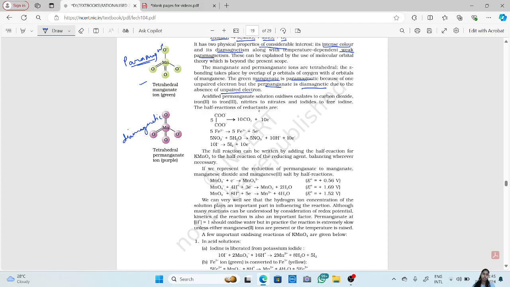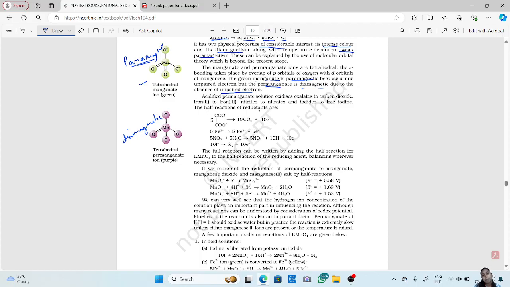Now, if you get a question why manganate is paramagnetic and permanganate is diamagnetic, it is basically because of the presence and absence of unpaired electrons. Manganate has an unpaired electron, due to which it is paramagnetic, whereas permanganate has no unpaired electrons, hence it is diamagnetic.